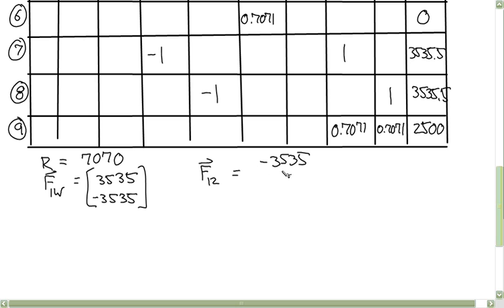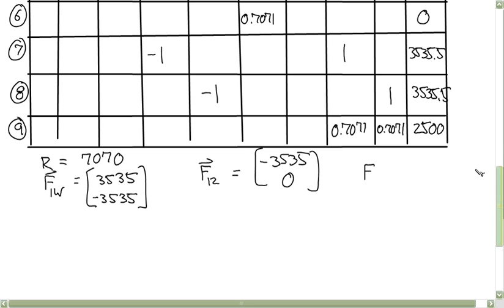Anyone else get an answer for that one? For this, the fifth variable down, 0.0678. Okay, that's what I got here.